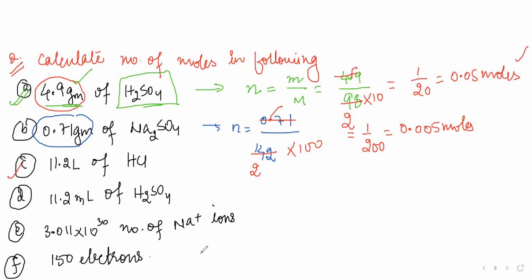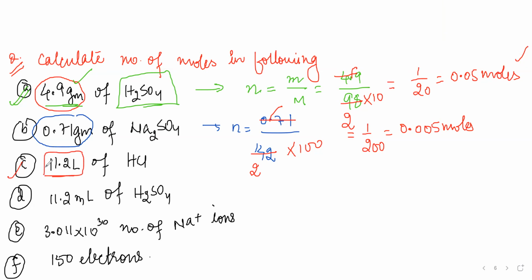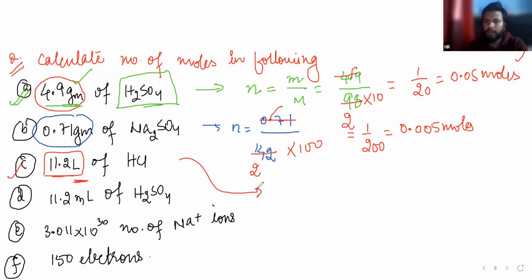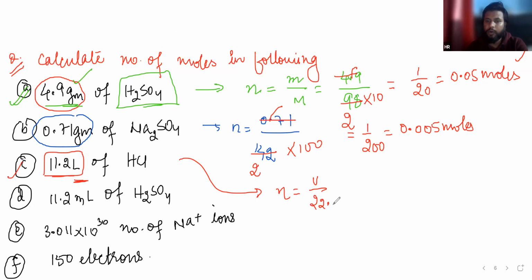Sir, can you do C? Yes. Mohammed, what is it? 11.2 liter. Is it mass? No, sir, it's volume. So we will apply the third formula, in which number of moles equals given volume upon 22.4 liter.